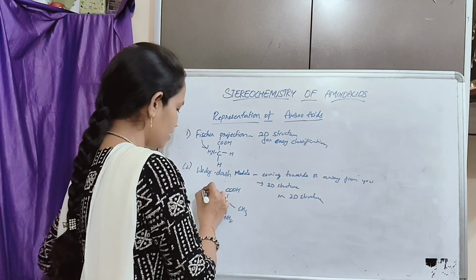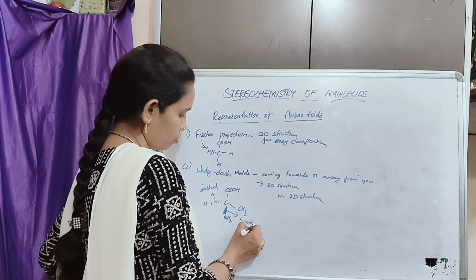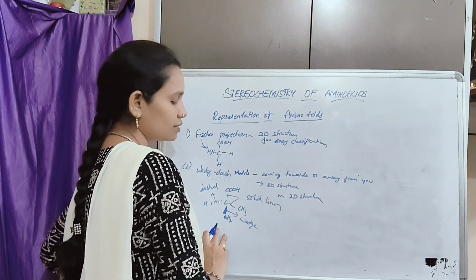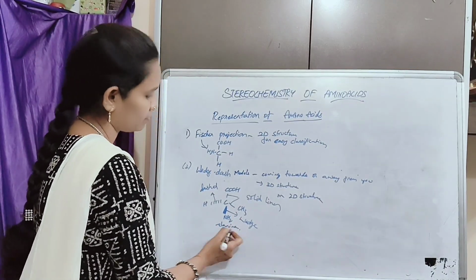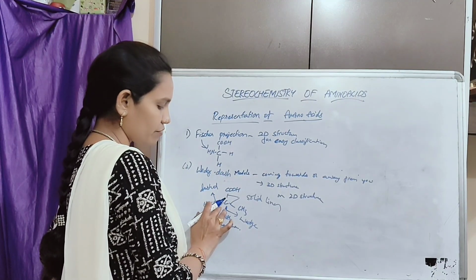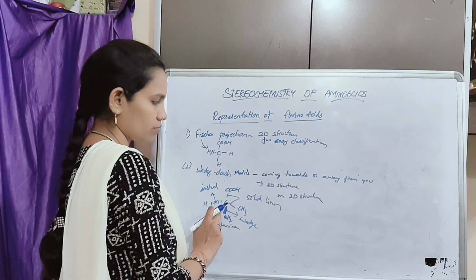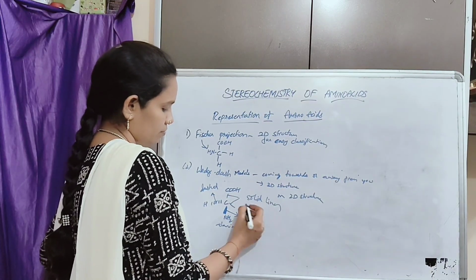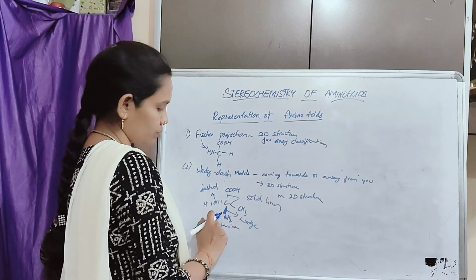If you see, these are dashed lines and this is wedge form. These are solid lines. Is it clear? This is a wedge and dash model for alanine. So here these dashed lines are showing away from us, and this wedge form towards. Is it clear? Dashed lines are away from you. Wedge form is towards you.